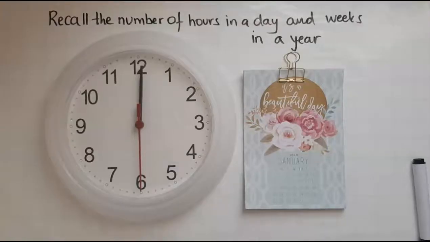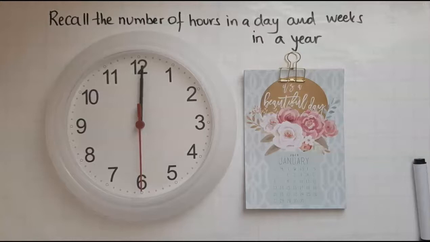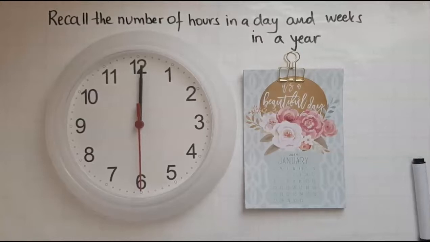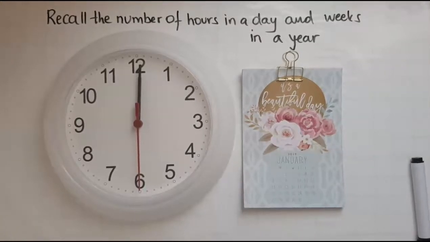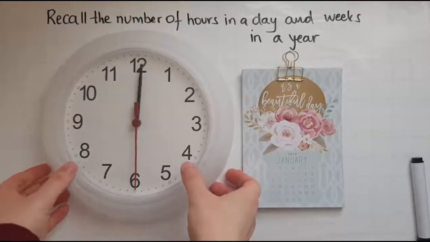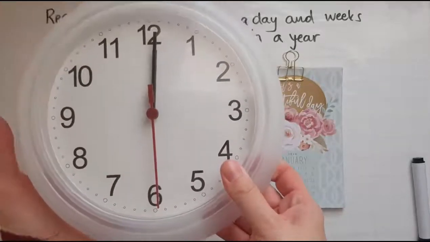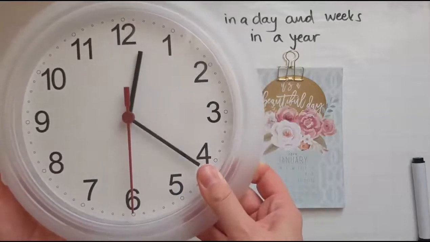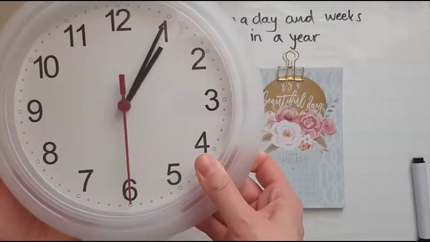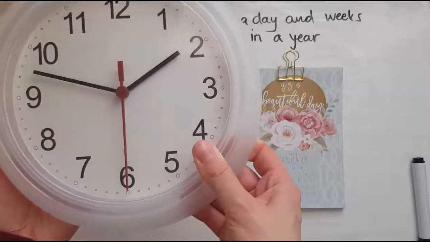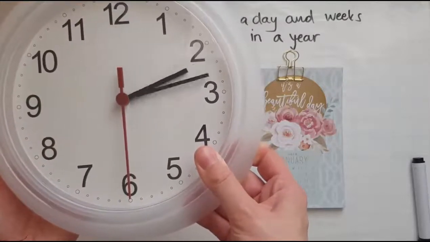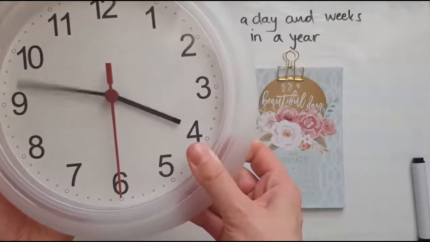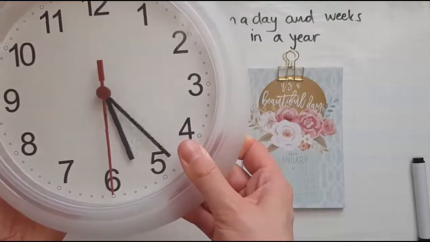In this video, we'll learn about the number of hours in a day and the number of weeks in a year. The day starts at 12 o'clock midnight, and then it's 1 o'clock at night, early morning, 2, 3, 4, 5, 6.